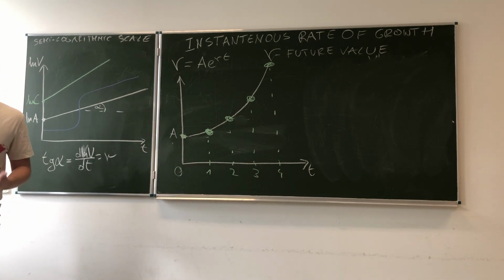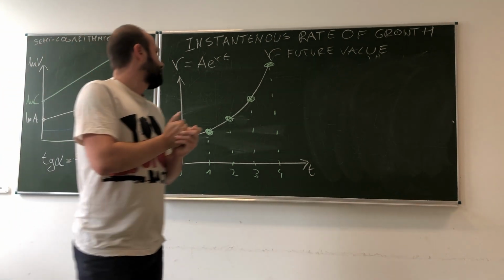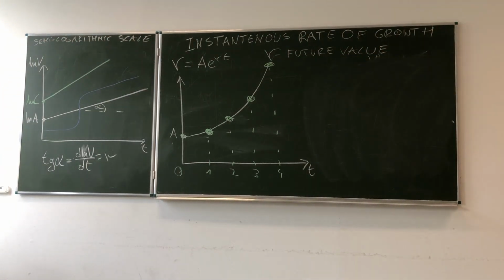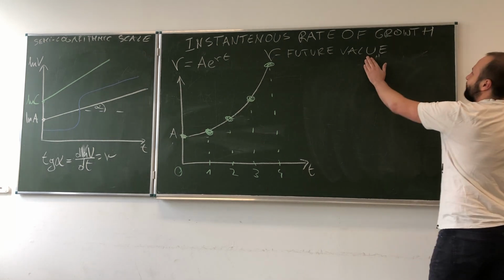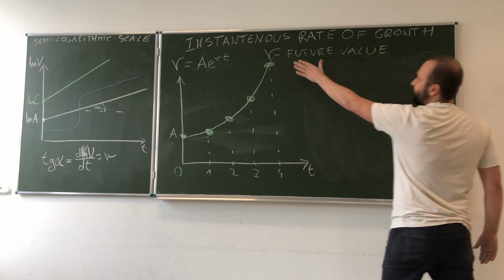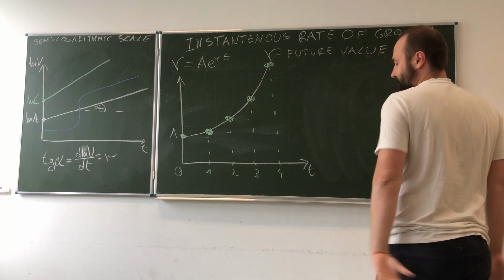Okay, now, if we have defined what is discrete time, how will things change in terms of calculating the future value of some amount of money A we've got?